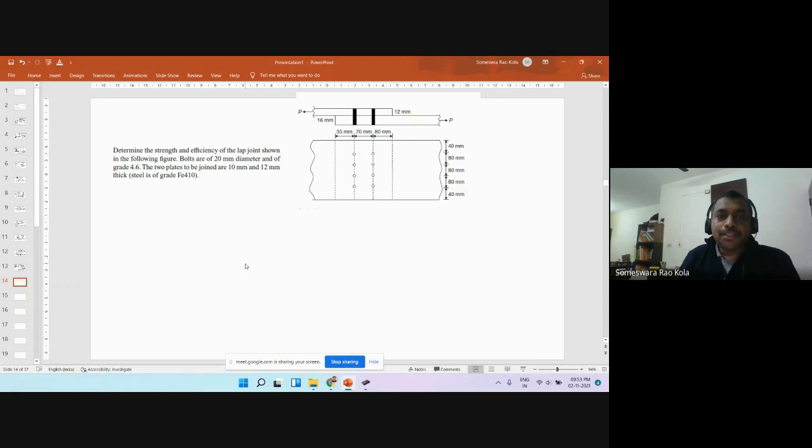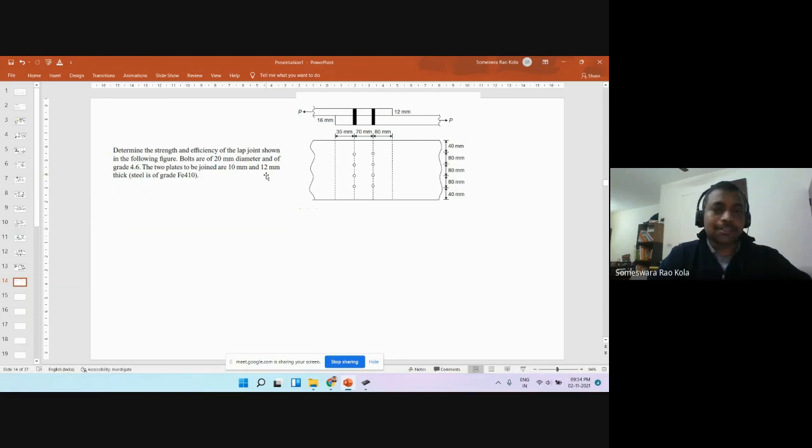Determine the strength and efficiency of the lap joint shown. The bolts are of 20 mm diameter and of grade 4.6. The plate thicknesses are given to be 12 and 16. There is a mismatch, but 12 and 16 is the right information. They are written as 10 and 12 here, so it shall be 12 and 16.